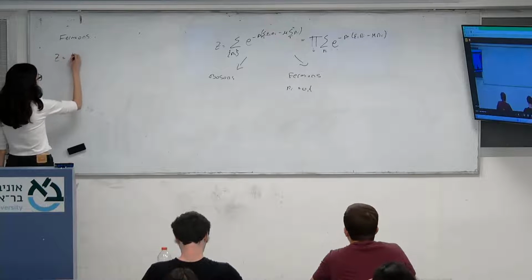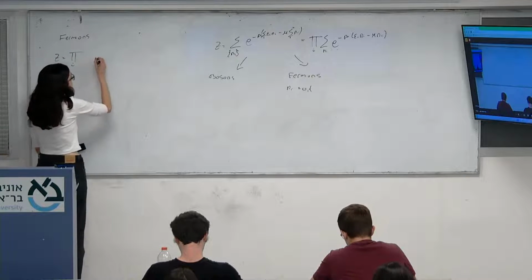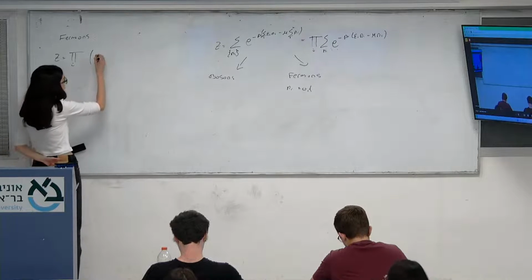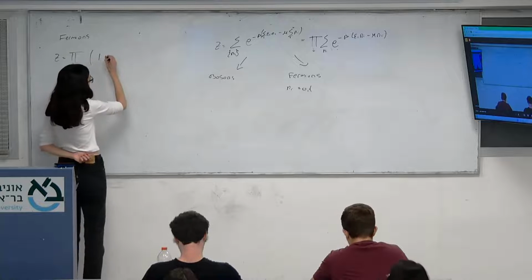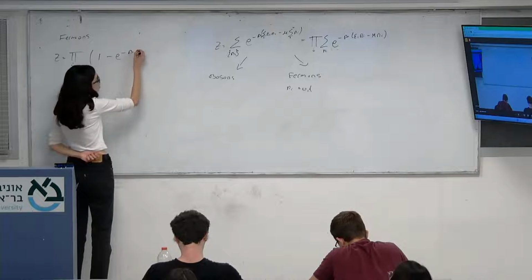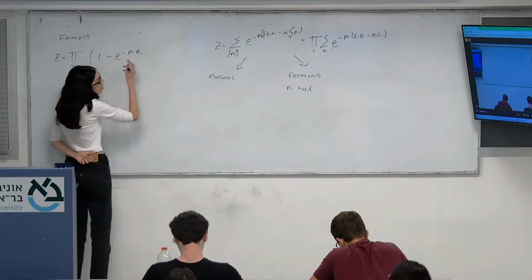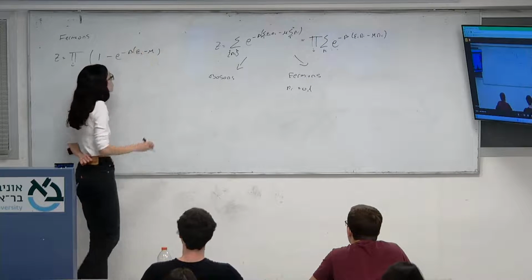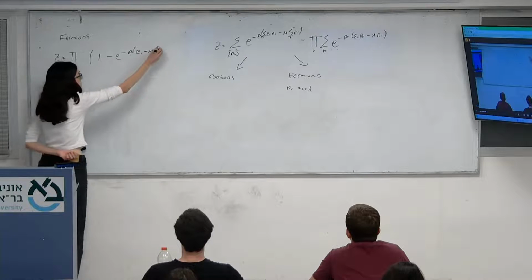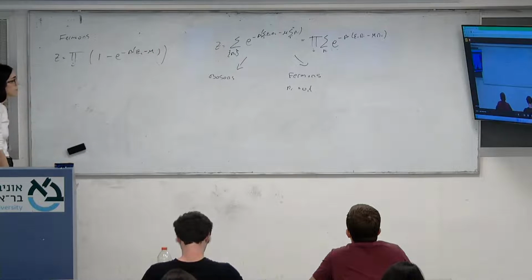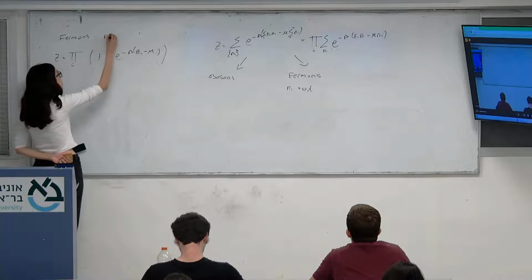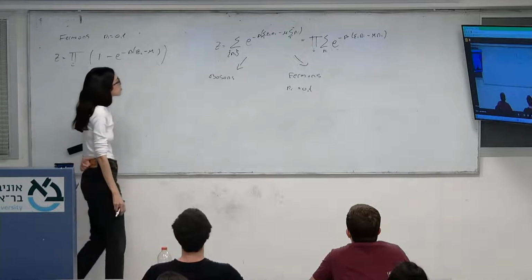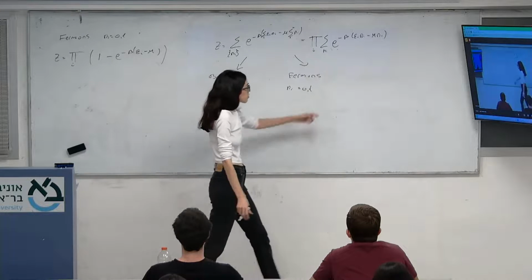So Z is going to be, if Ni is equal to 0, this is going to be just 1, and if it's equal to 1, e to the minus beta (epsilon i minus mu).